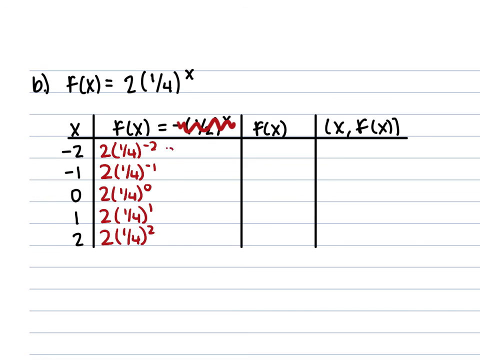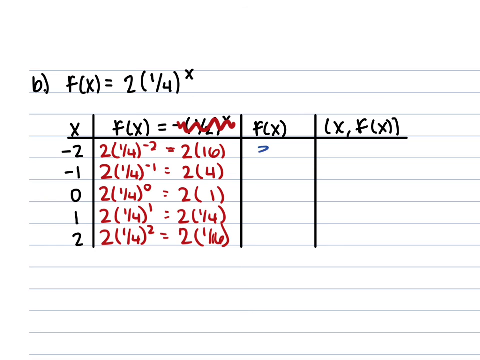So this is giving us 2 times 4 to the power of 2, which is 16. 2 times 4 to the power of 1, which is 4. 2 times 1, 2 times 1/4, and 2 times 1/16.